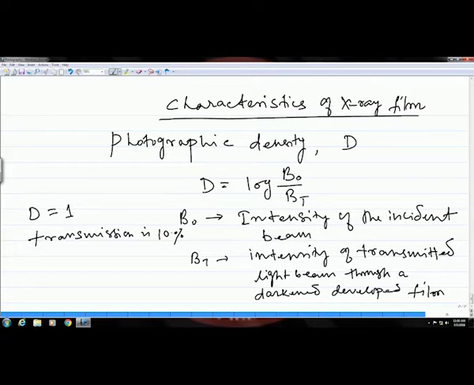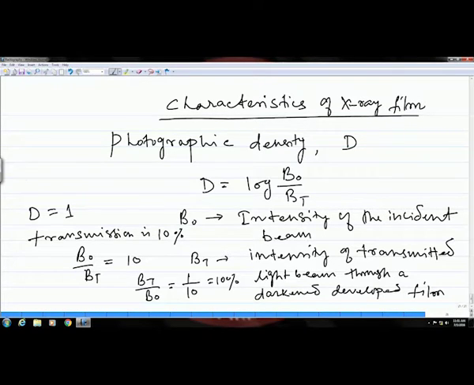D equal to 1 means I naught by I t is 10, right. That means I t by I naught, which is the transmission, is 1 by 10 or 10%, right.